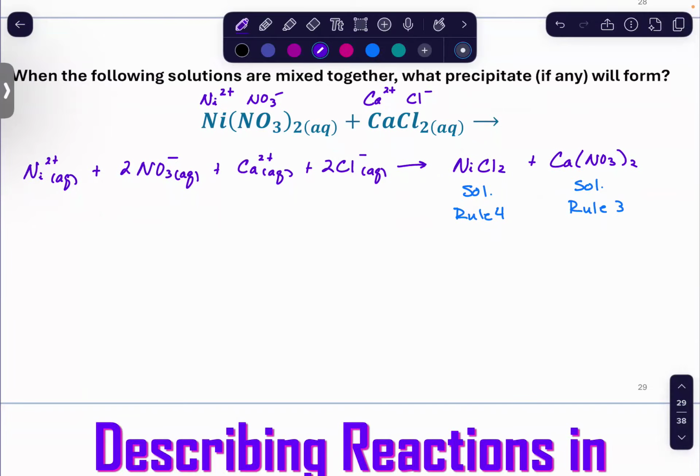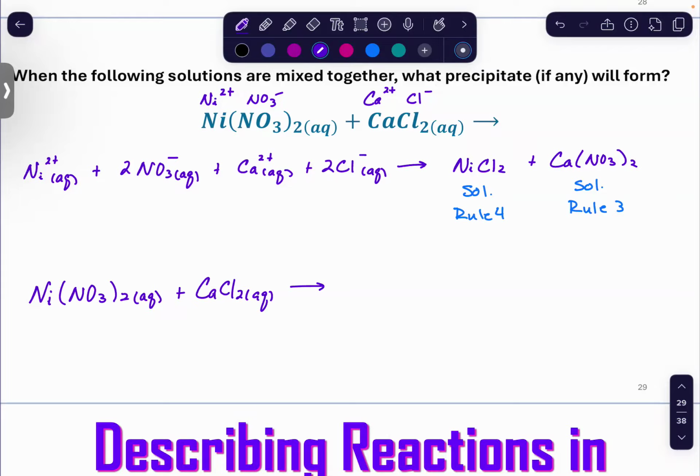And we're fortunate everything's actually balanced. So everything's soluble, so everything's going to be aqueous. So our formula equation, using that term very explicitly: nickel 2 nitrate plus calcium chloride.